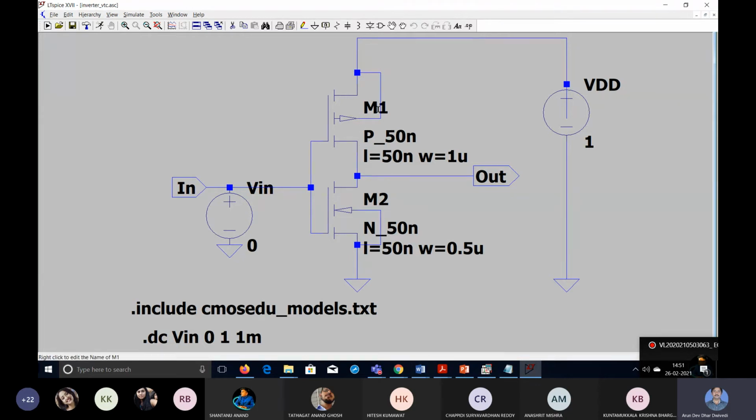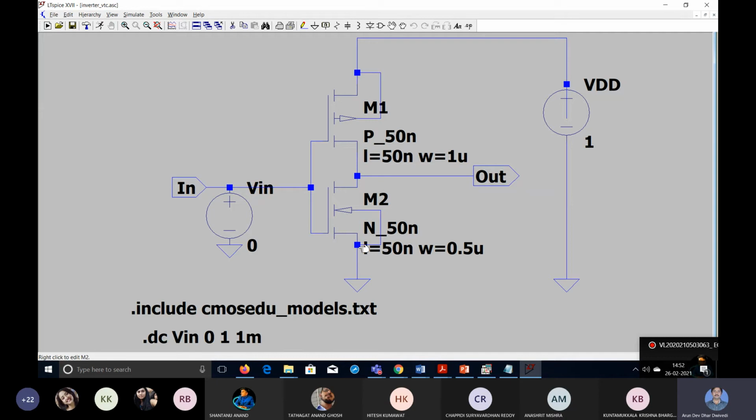This is the body. The body of the PMOS is connected to the highest potential point, VDD. The body of the NMOS is connected to the most negative point, the point at which potential is minimum. So ground is the most negative, the lowest voltage point.